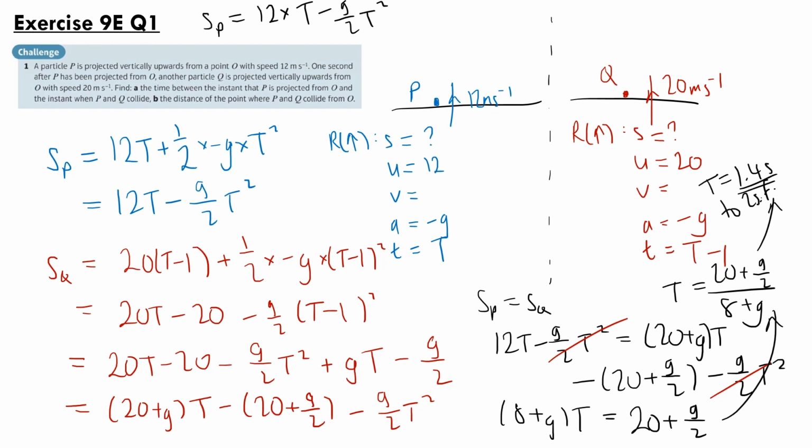So we've got 12 times answer minus 9.8 over 2 times your answer squared. And that will give you 7.2 meters to 2 significant figures. And that is for part B. And this here was part A.